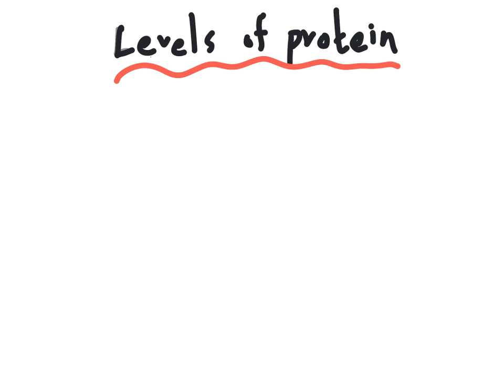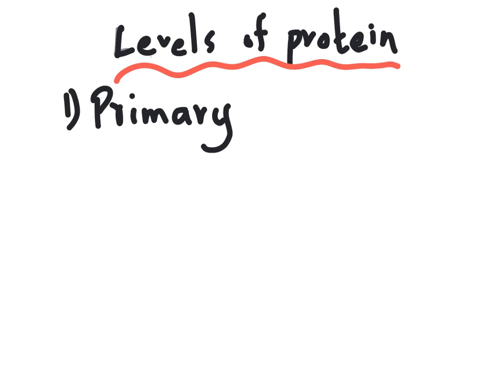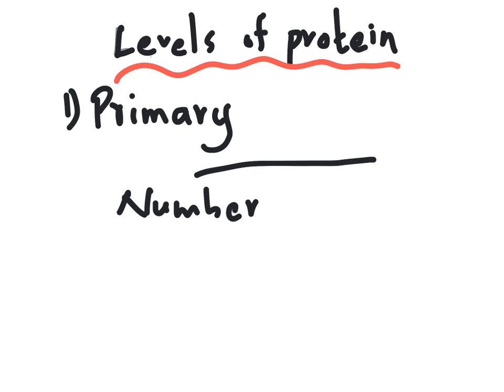First one is the primary level. In the primary structure, we have just a linear chain of polypeptide, right? We have to consider three things there. First one is number, order, then type.